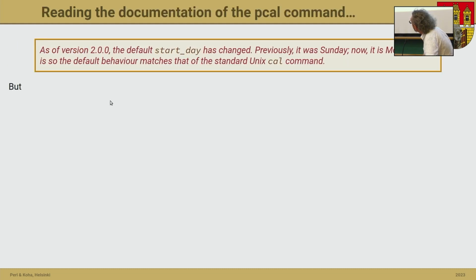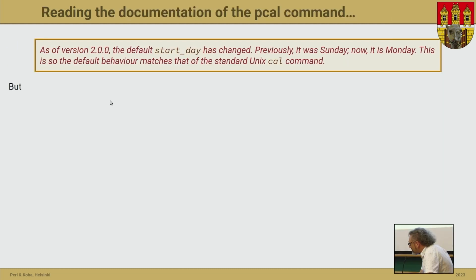I had to find something else. So I started reading the documentation of the module and discovered that there is a pcal command, which probably stands for Perl Calendar, and it should be similar to the cal command you probably know from Linux or Unix. I cannot read it correctly, probably you can read it better than me.